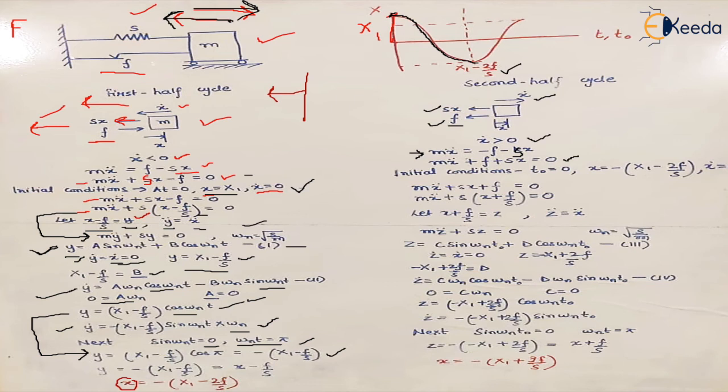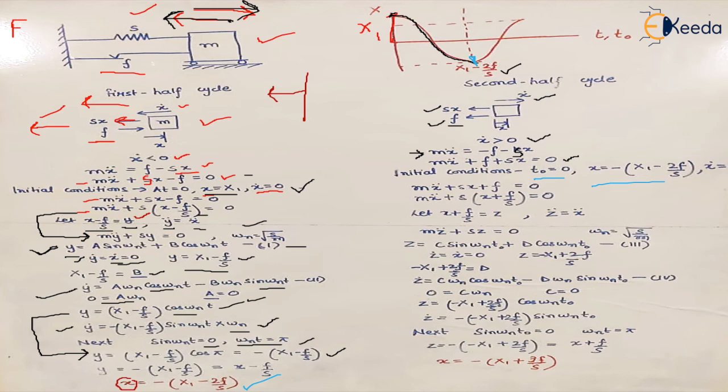Now the second cycle is starting from this position. So what exactly are the initial conditions? We say that this is some other time period, let's say t naught, which is 0. And what is x? It is minus the value that we calculated here, because the first cycle stopped there, so the second cycle will start from the same position.